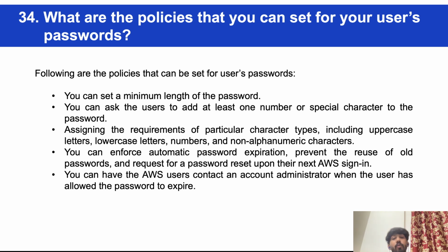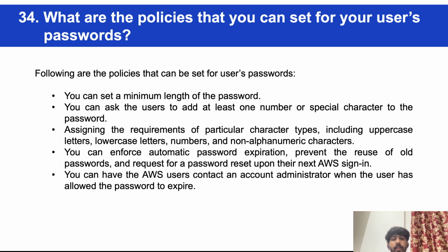Fourth, you can enforce automatic password expiration. That is, you can set up a password expiration period. After every month, they'll have to change to a new password. That's basically the fourth one. And the final one is you can have the AWS users contact an account administrator when the user has allowed the password to expire. So basically, you don't have to manually change the password.